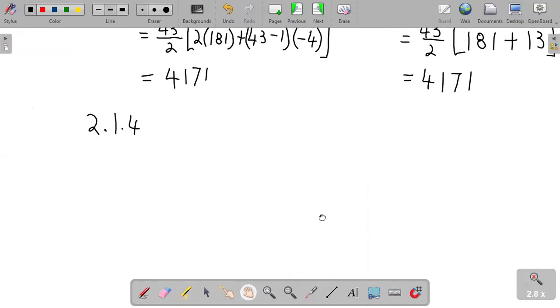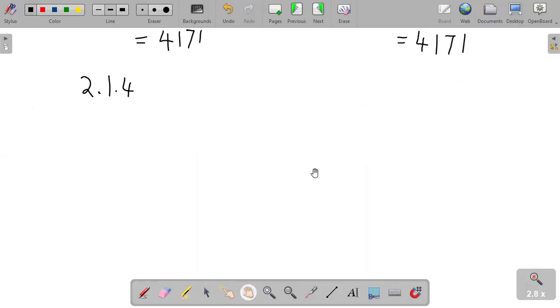So sigma notation is how? We must do the sigma like this, and we must have the first term and the last term. So n equals 1, and then until 43.